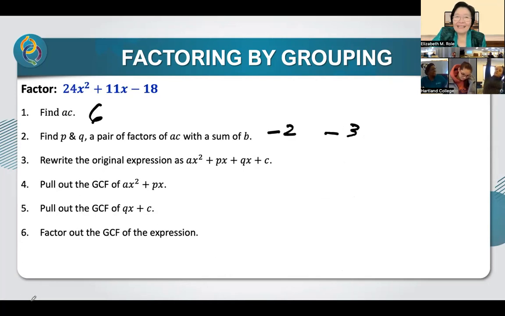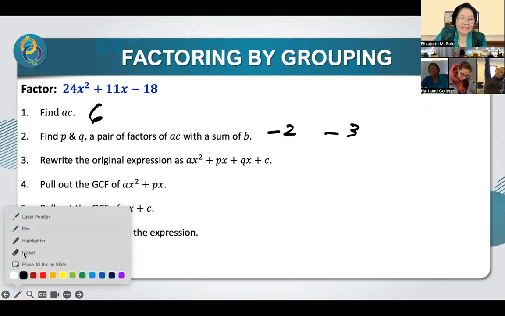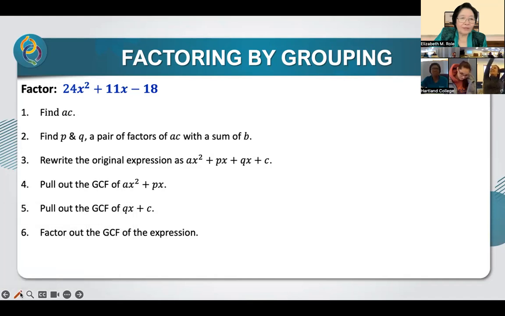Let's proceed to this last one. Then we will talk about remembering all the factoring in here. 24x squared plus 11x minus 18. Whoa, the numbers are big.